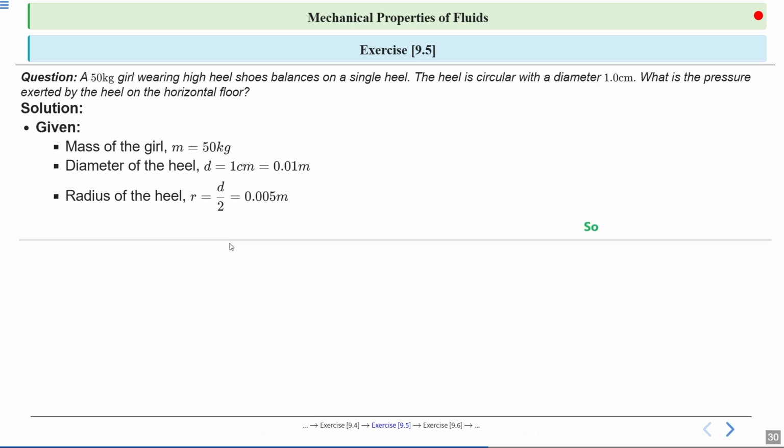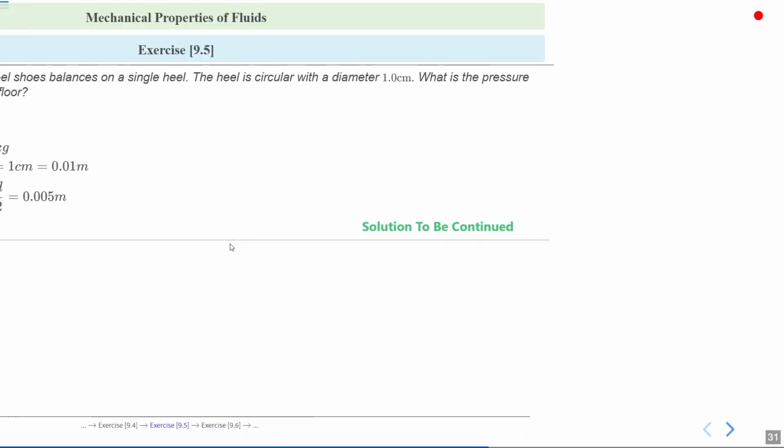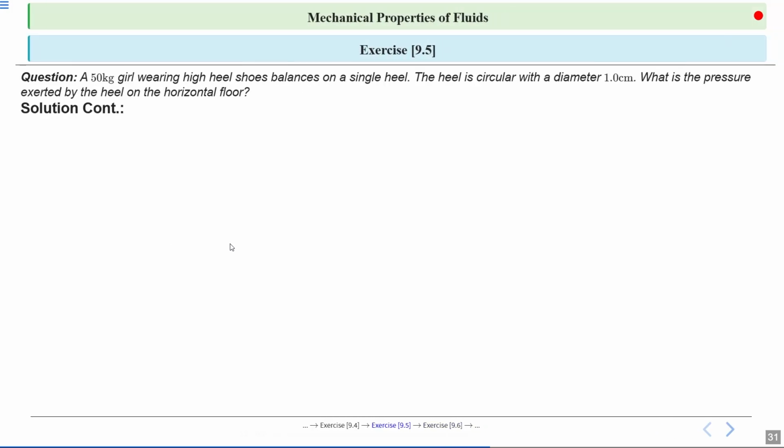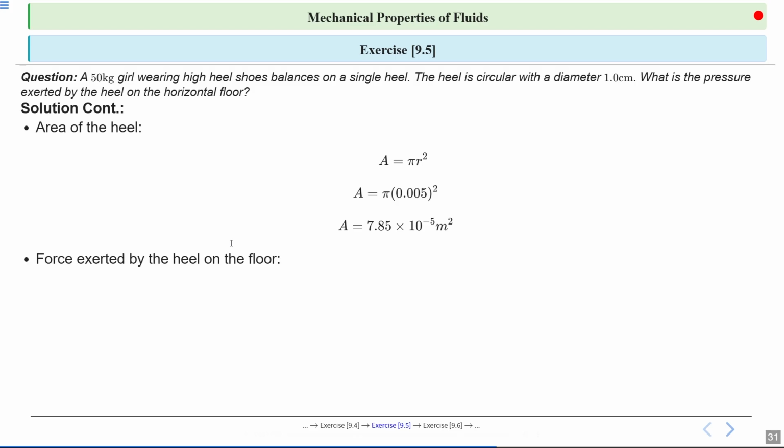Alright. Now, area of the heel, A equal to pi r square. So put the value and A equal to pi into 0.005 whole square. Solving this, you will get the area, which is 7.85 into 10 raised to the power minus 5 meter square. Force exerted by the heel on the floor, that is F equal to mg. So substitute the value, 50 into 9.8, so 490 Newton.